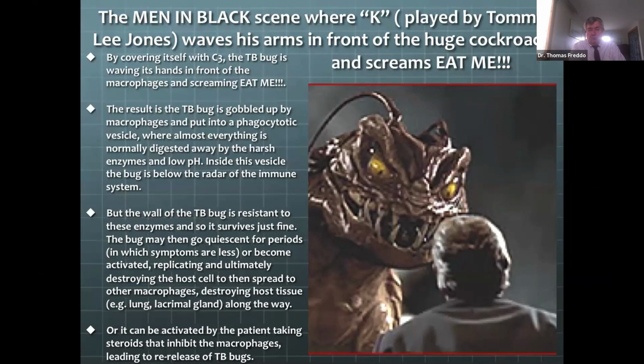And if you recall the movie, the cockroach quite happily does eat Tommy Lee Jones, who goes down into this bug's gullet, finds his gun, and blows the bug up from inside.